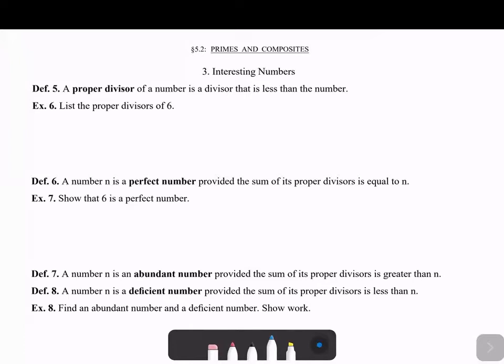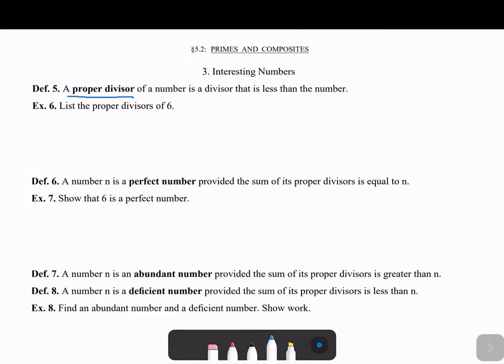So we have divisors, we have factors of things, and a factor can be called what's called a proper divisor if it's just less than the number. So a proper divisor is just a factor or a divisor that's less than the number.